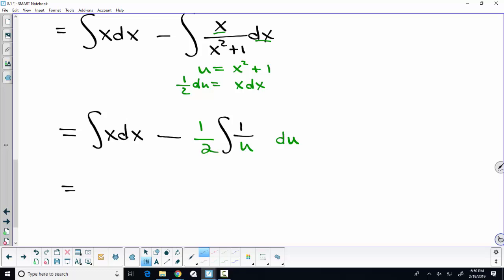We have antiderivative of x squared over 2, minus 1/2. What's the antiderivative of 1 over u? Yeah, it's kind of close. Log of the absolute value. Yeah, absolute value.